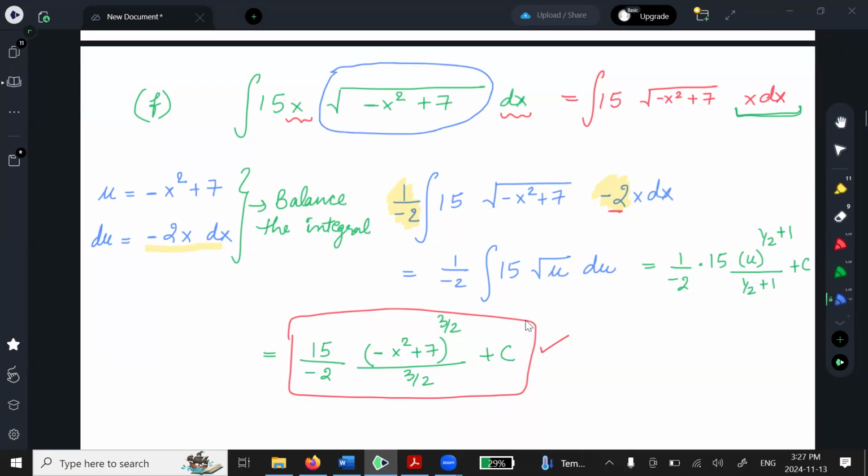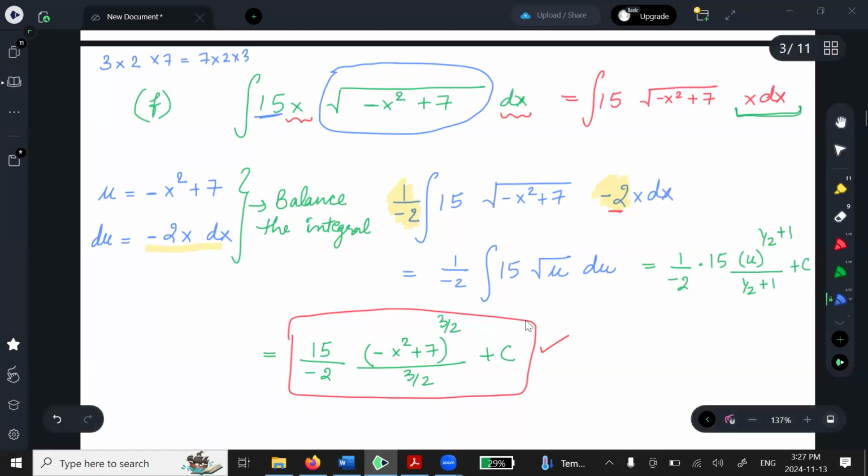So we keep the complicated part in the beginning and the constant remains, but the extra x goes to the dx. So you can move it, right? It's just multiplication. If I write 3 times 2 times 7, or I write 7 times 2 times 3, same thing. I'm just moving them back and forth. But that's the goal. You keep the most difficult concept to the front and move everything to the dx.